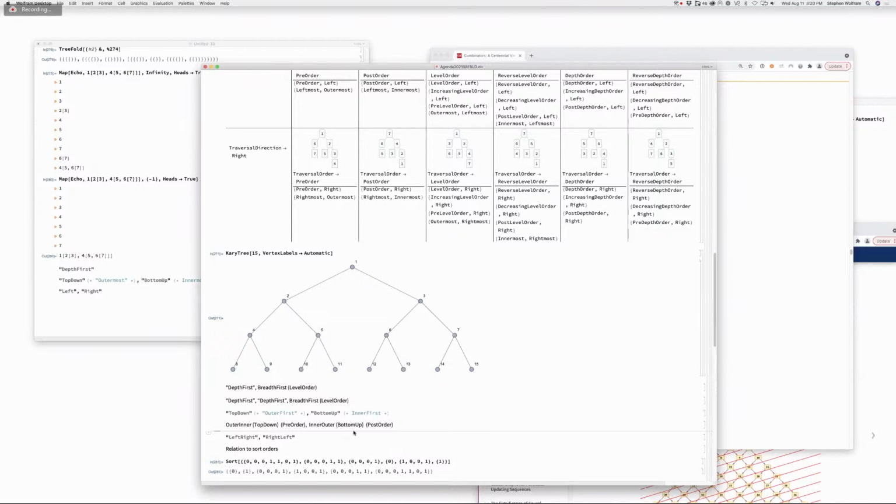Okay. So here, is this right? We've got depth first down there. So wait a minute. Depth first with inner outer means what? I'm not talking outer, I'm talking our names: outer, inner.